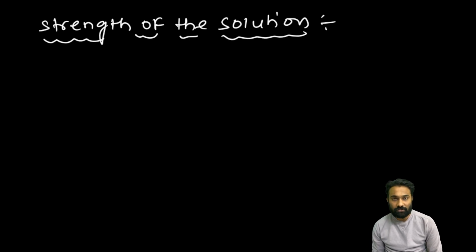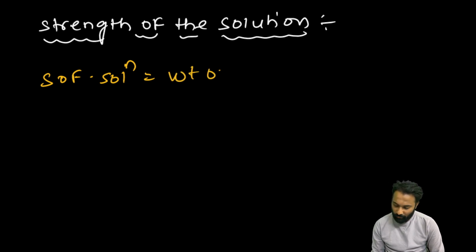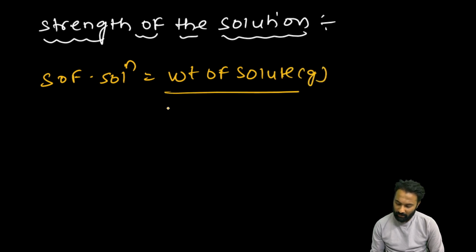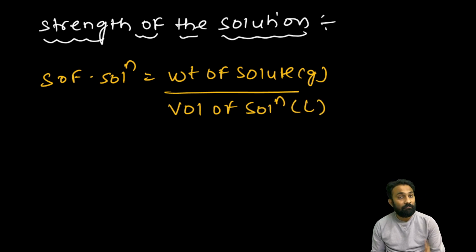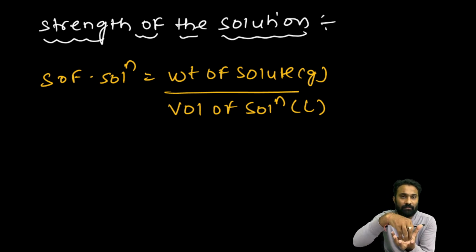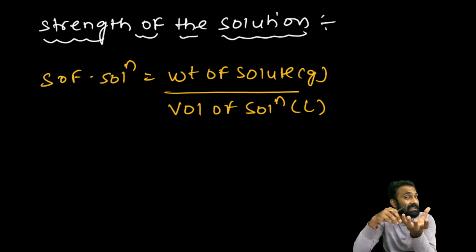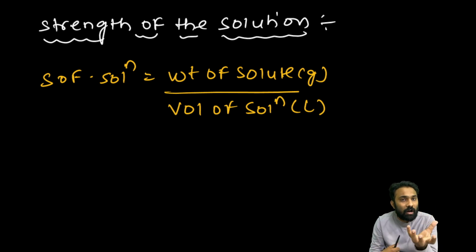Here only one thing you have to remember: strength of solution is equal to weight of solute in grams by volume of solution in liters. In 1 liter of the solution, how much weight of solute we are having, that is called the strength of the solution. Is it clear?